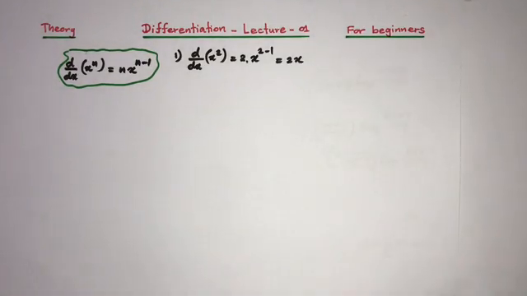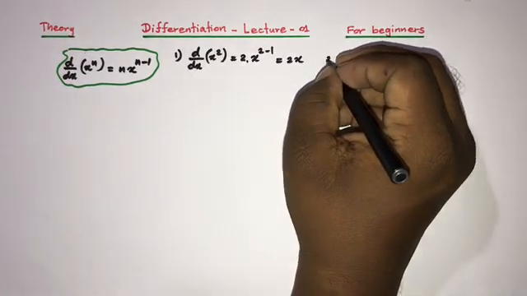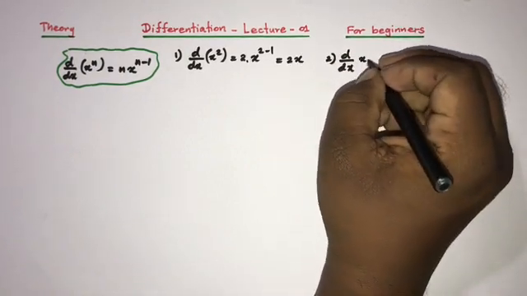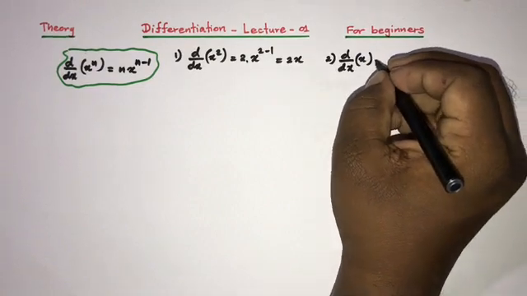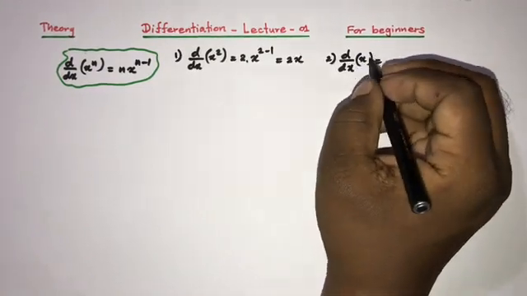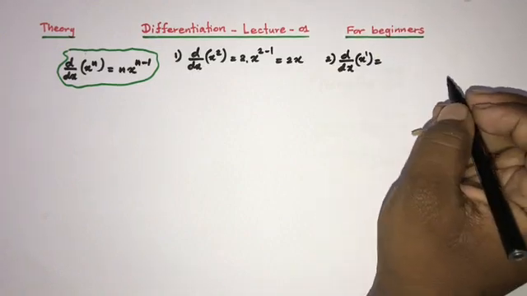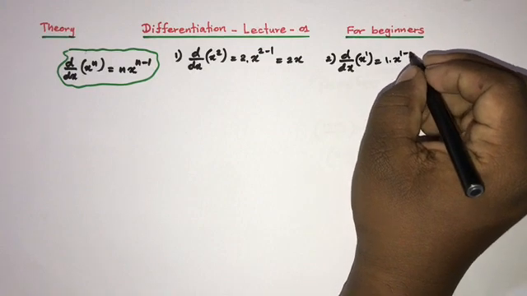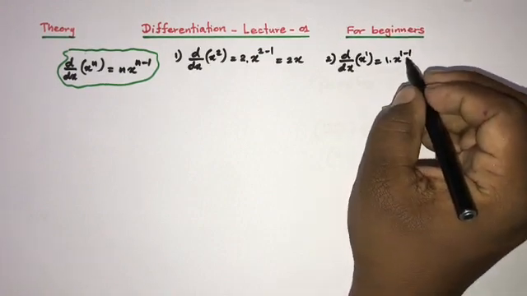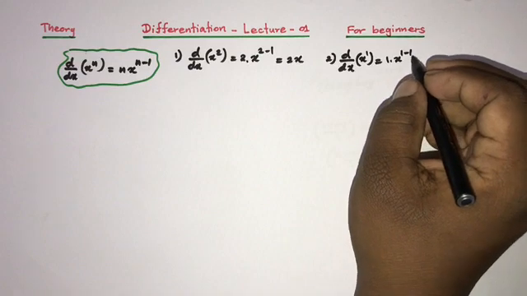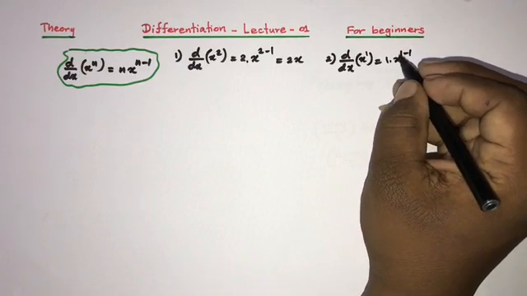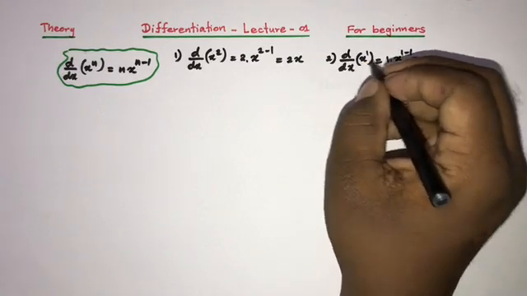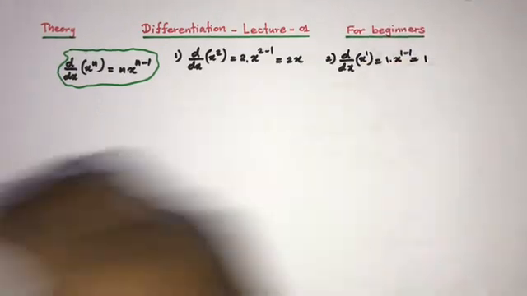Then second example, the derivative of x. Here we have power 1, so we can write 1 times x raised to the 1 minus 1. Now 1 minus 1 is equal to 0, and anything raised to the 0 is 1. So the derivative of x is equal to 1.